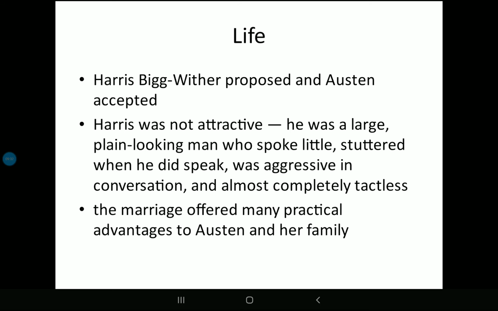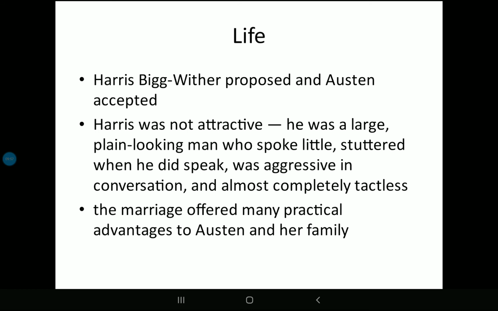So more or less, all of us are like Harris. We are not very attractive. We are normally large, plain-looking men, and normally we speak a lot. Harris is not some extraordinary character. He is a very common man who wanted to marry Austen.